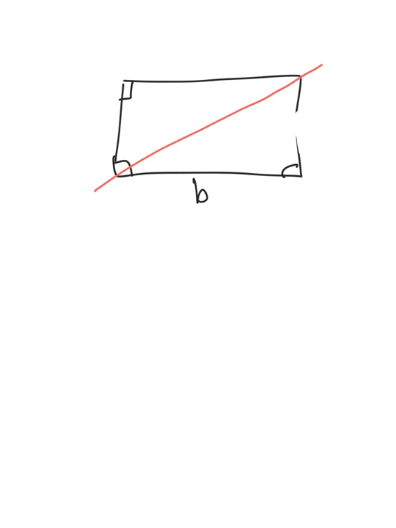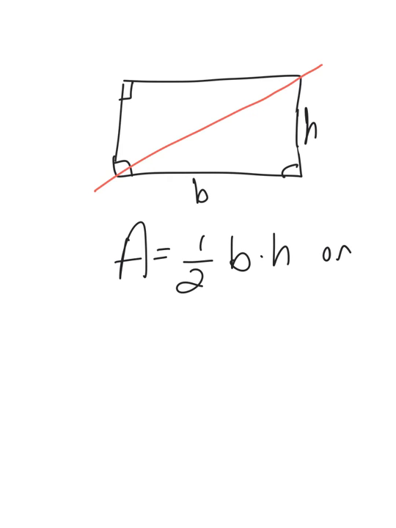This is an ugly B. You still have your base times your height, but it's divided by 2 because a triangle is really half a rectangle. So that's the easiest way to remember a triangle, is that area is 1/2 base times height. Or you could say base times height divided by 2. You can decide either way which one you want to remember.